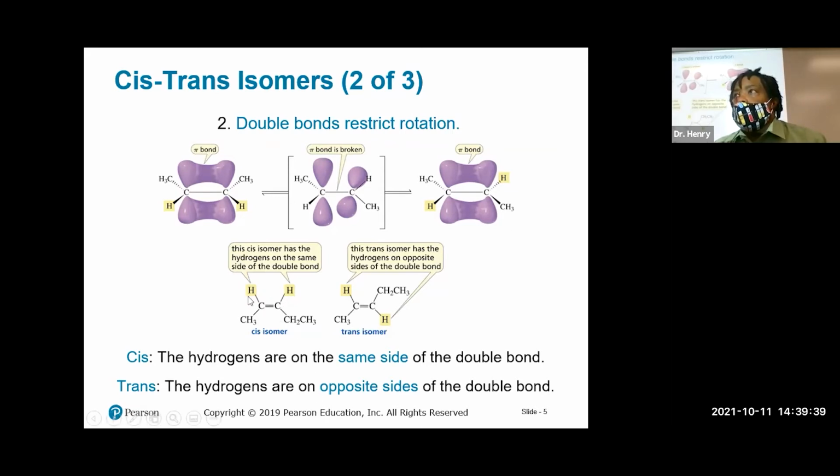Make the cis, then make the trans. Use the fact that you already have one of them already made for you.